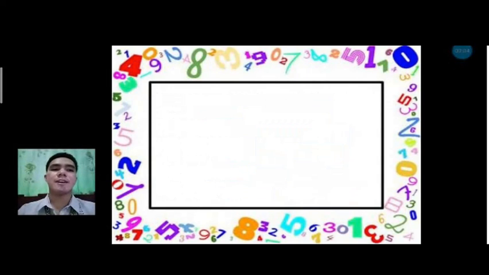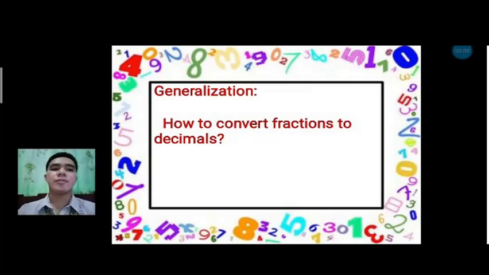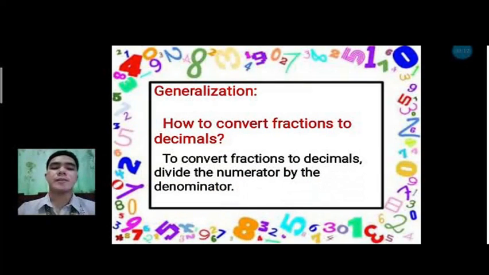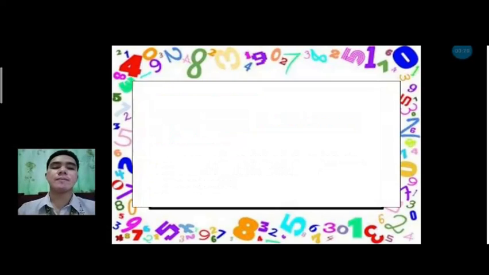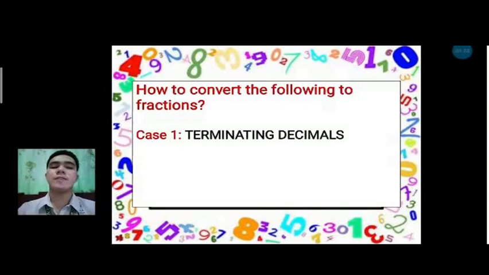To sum it up, we have these questions. How to convert fractions to decimals? Okay, to convert fractions to decimals, you have to divide the numerator by the denominator. How to convert the following to fractions?